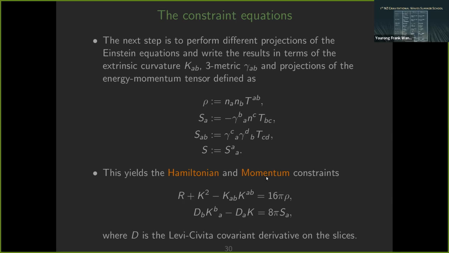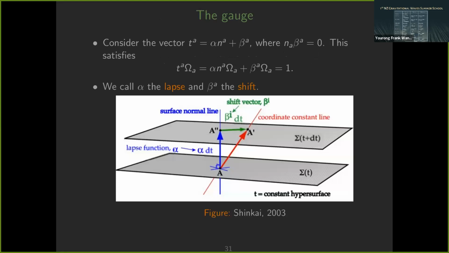These are called the Hamiltonian and the momentum constraints, and they are very common in the literature on numerical relativity. If we had initial data on one surface that satisfied these equations, then it would be a solution of the Einstein equations, at least on that surface. So it remains to look at what happens when we go away from the surface.